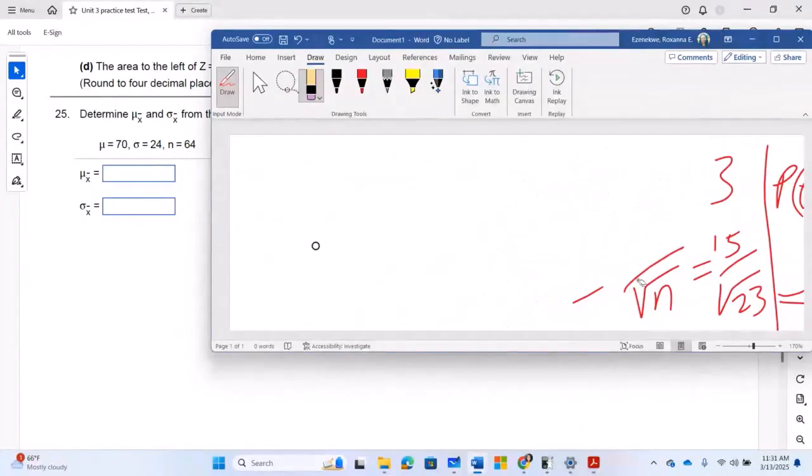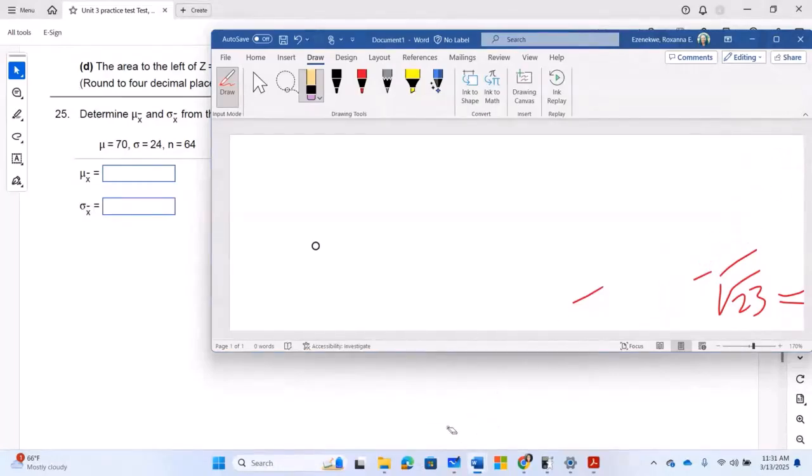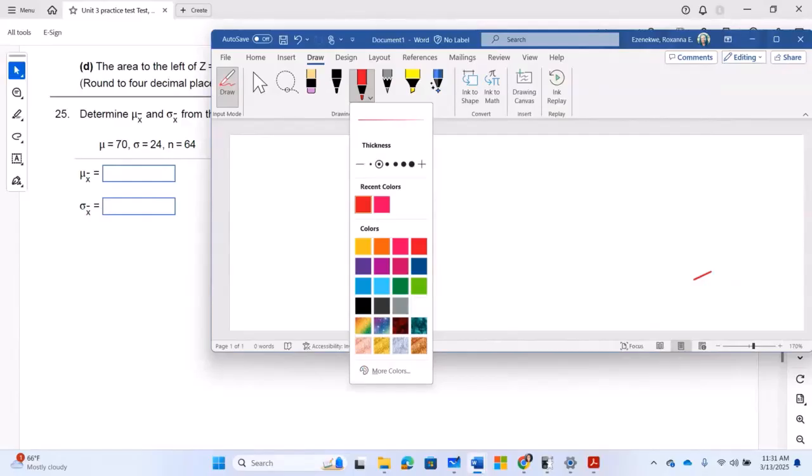I'm going to first of all detail what we are given in this question. Number 25.